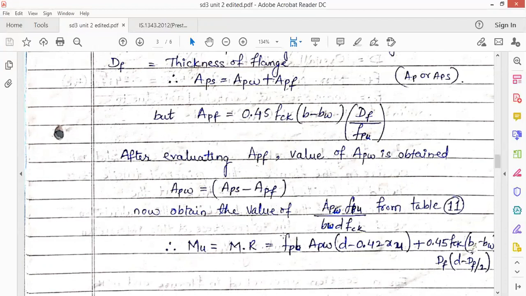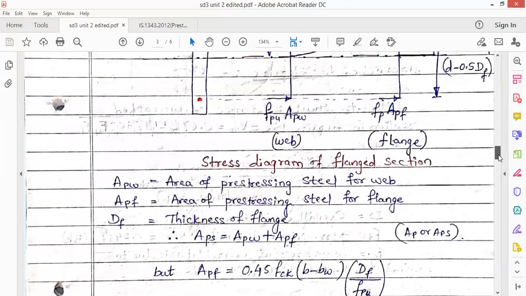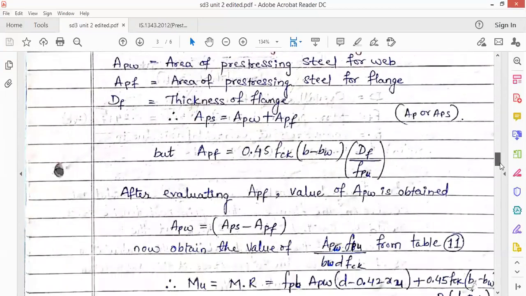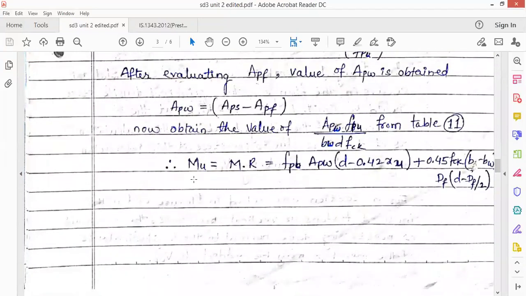From the equation provided, as I said, we have two stress blocks here. From these two stress blocks, I am going to write this equation. So it is Mu, the moment of resistance for the pre-stressed concrete section, equal to FPB, because I want to calculate FPB, hence I am referring to the IS code, Table number 11 on page number 51.